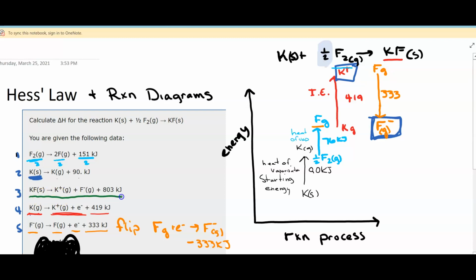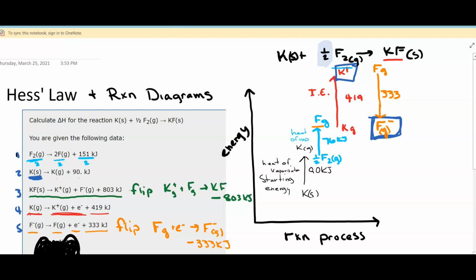When potassium fluoride salt breaks into potassium and fluoride ions, it requires an input of 803 kilojoules of energy. We're doing the opposite. Again, we need to flip this reaction so that it says when potassium meets fluoride, both in gas form, and forms potassium fluoride salt, it's going to release 803 kilojoules of energy.